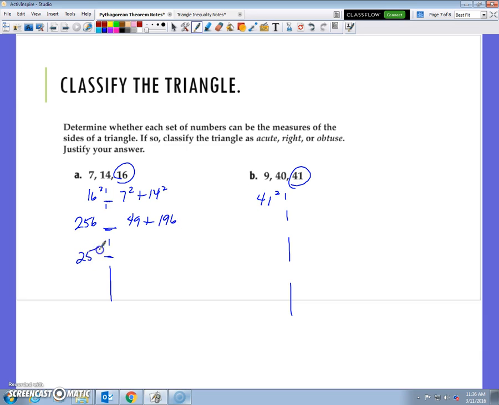So we have 256 and 245. Whatever my sign is here, if it's greater than, it's obtuse. If it's less than, it's acute. And if it's equal to, it's a right. It's not equal to, so it's definitely not a right triangle. This hypotenuse squared is bigger than the sum of the legs squared. Therefore, it is an obtuse triangle.